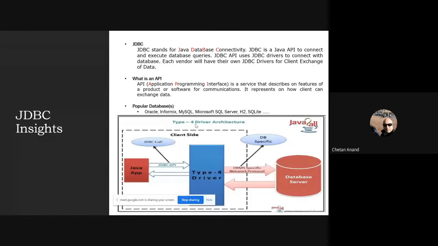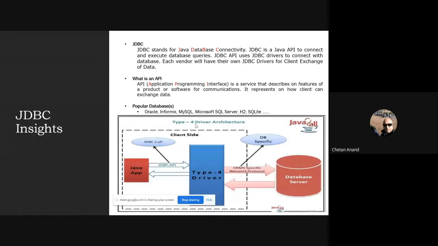So you need to get the dependency jars, and I will be showing how to get all those dependency jars as per the database vendors. Each vendor will have their own JDBC drivers for client exchange of data. When I was talking about API, it is actually application programming interface, which in layman's terms is just a method or function to communicate with each other.